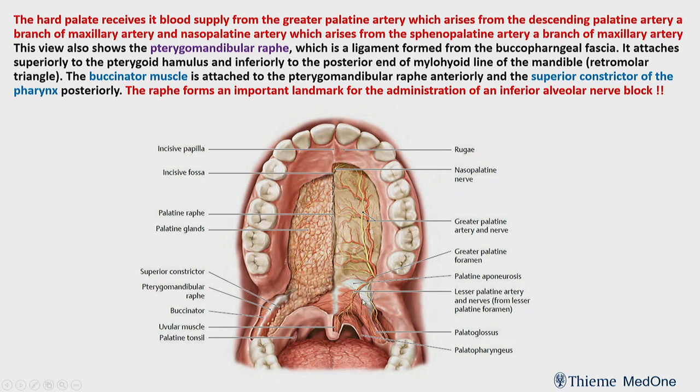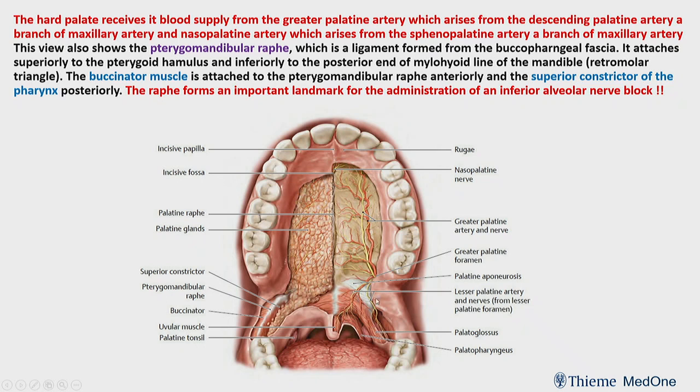Here in this picture, in addition to this artery, you can also see this whitish dense connective tissue called the pterygomandibular raphe, or pterygomandibular ligament, or another name, buccopharyngeal raphe, which is, as a matter of fact, the border between the buccal region, anteriorly attached to the buccinator muscle, and dorsally attached to the superior constrictor muscle.